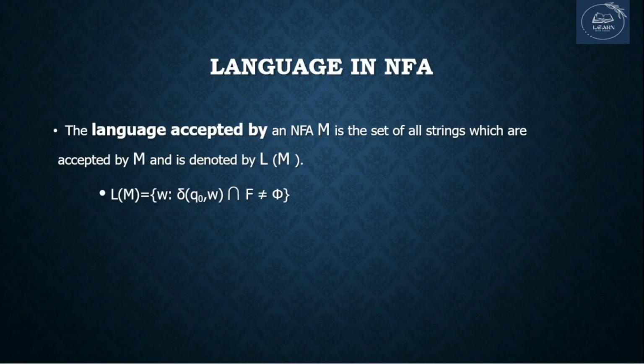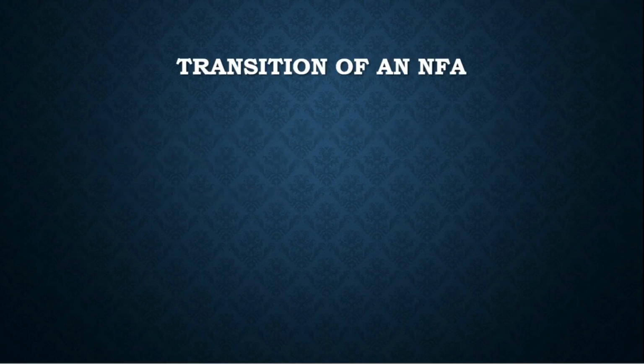Mathematically, you can see here that our string W is the string we are transiting with. When we transit from the start state with the string W in an NFA, we normally get to different states at the end. In those states, if our final state is available there, then we say okay, this is accepted. We'll look at examples of what I'm talking about in subsequent slides.